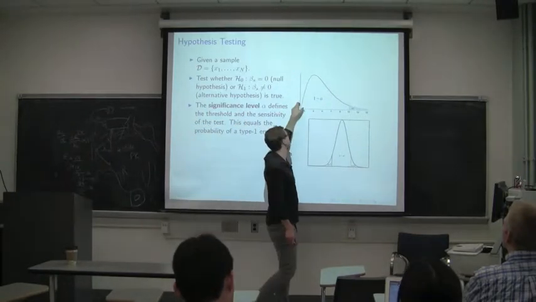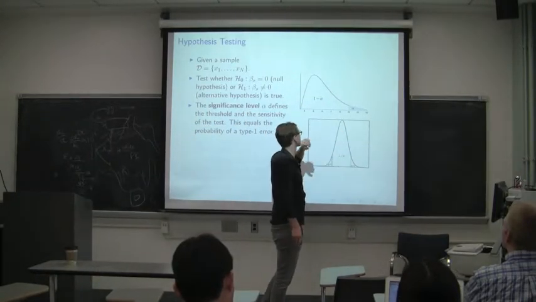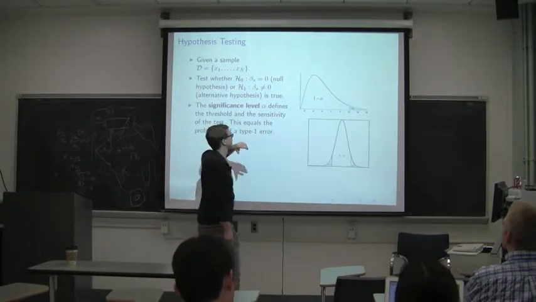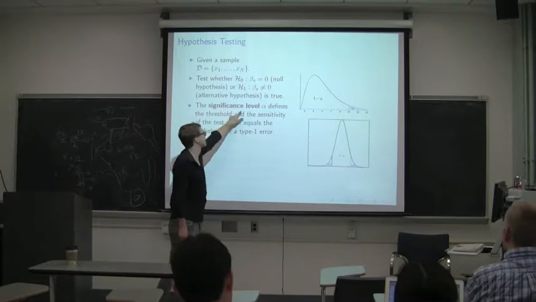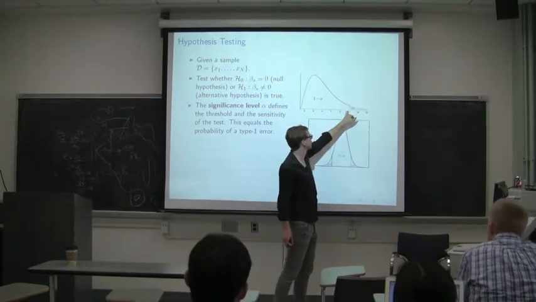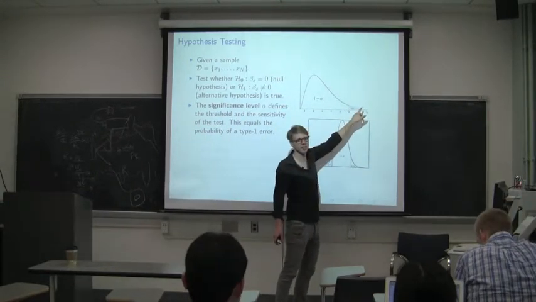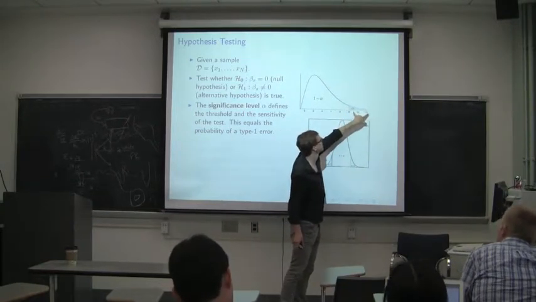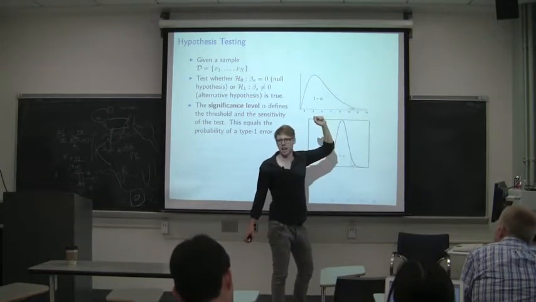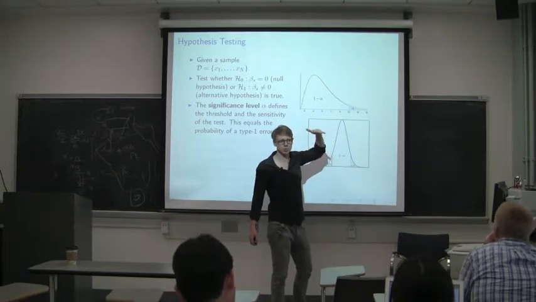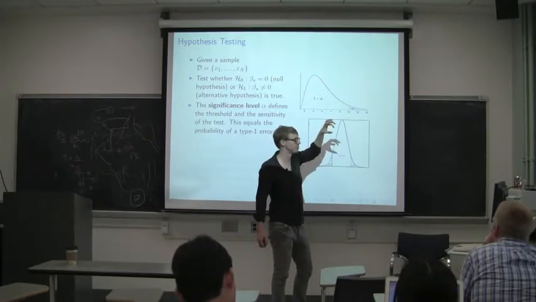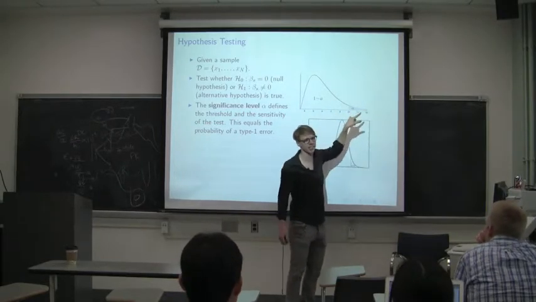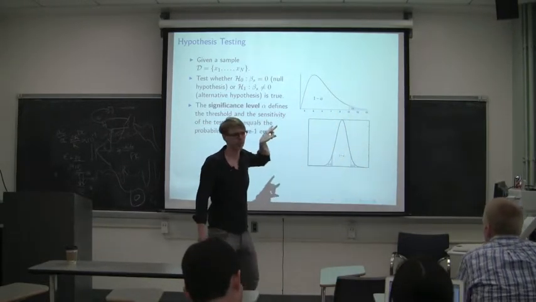Say we have the distribution of our test statistics under the null distribution, then our significance level alpha is the area under the null: given that you actually have a true null hypothesis, what's the probability of rejecting it, or the probability of getting a type 1 error?